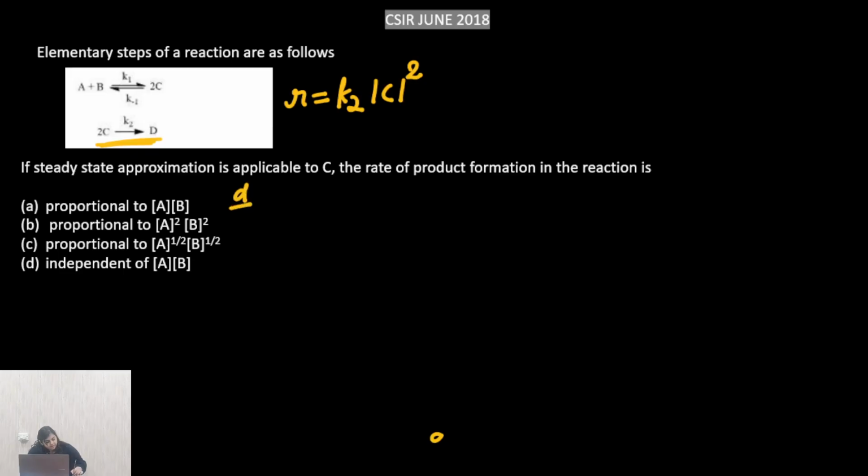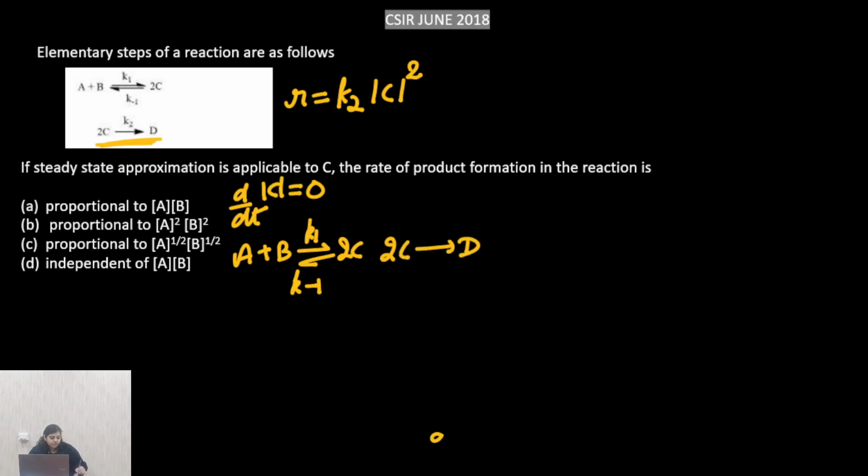SSA, that means d by dt of C we have to equate to 0. Okay, so C is formed in A plus B giving us 2C with the rate constant K1, and this is K inverse, and 2C giving us the product D with the rate constant K2. So we can break all of this.